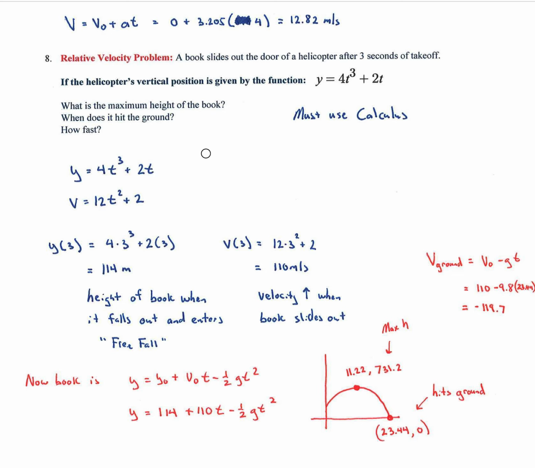And then I know the book slides out of the door at 3 seconds. So let's go ahead and figure out where I'm located at 3 seconds and how fast I'm moving at 3 seconds. And the idea of relative velocity is that when you're a book and you're in a helicopter and the helicopter is accelerating upwards and moving at a certain velocity, you are actually doing the exact same thing. You two are connected. So when the book slides out of the helicopter, it doesn't immediately fall.